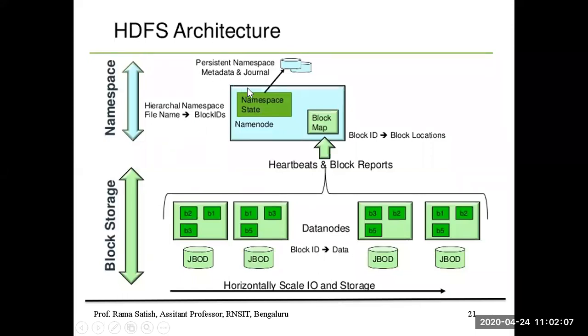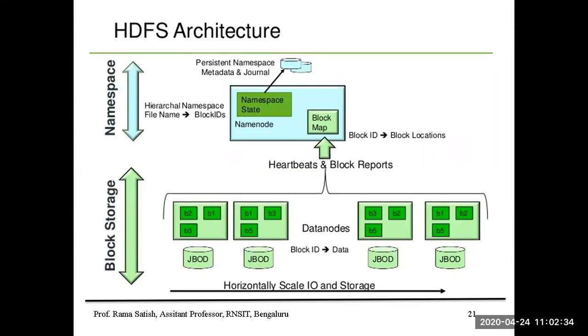All these blocks are tracked by your name node: the names of the blocks, the names of the files where they are stored, and it also holds which block is stored in which data nodes.